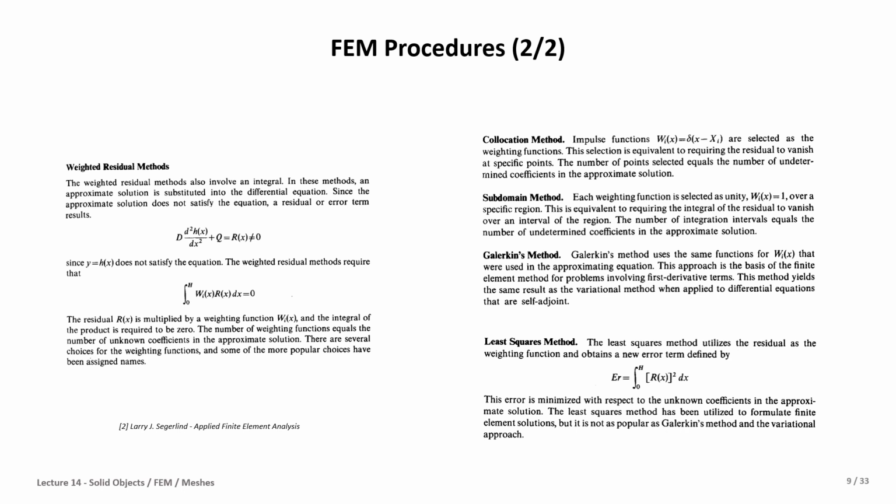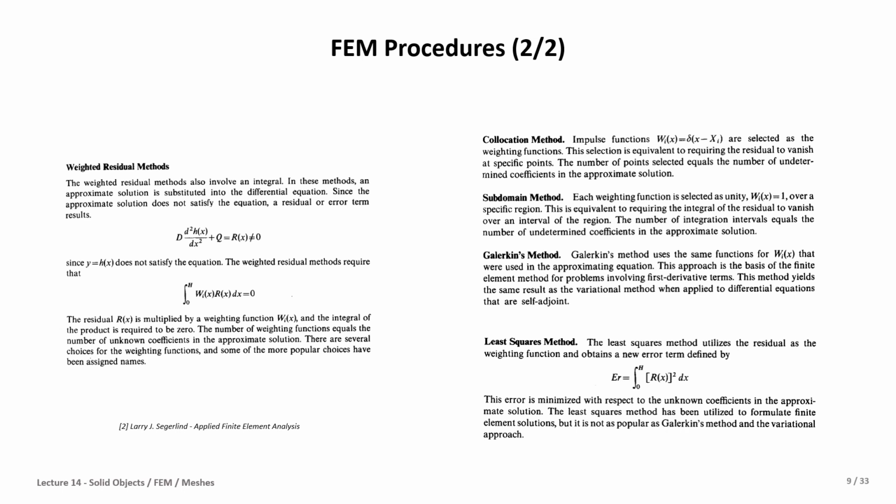Since the approximate solution doesn't satisfy the equation, a residual or error term results. From this error, we are looking to find the function or the equation of this error or residual. There are different methods to find this function. As you can see, here we can use this integral.